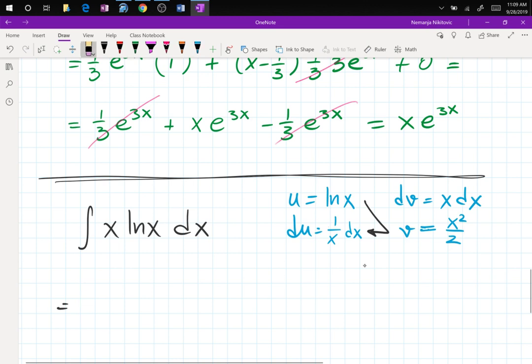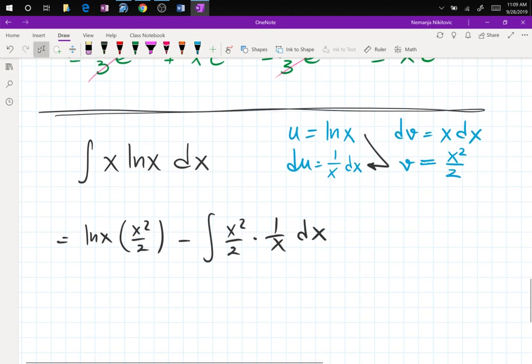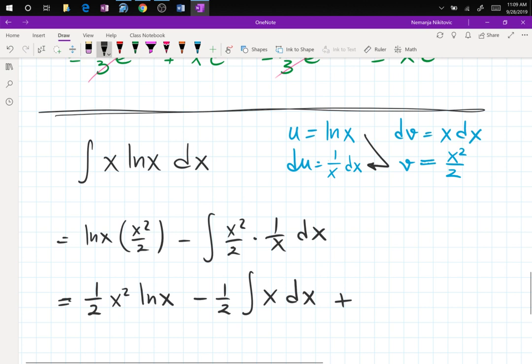First we go with ln x times x squared over 2 minus the integral of x squared over 2 times 1 over x dx, and there it is. So now you see that we're good over here. Simplify the first term, kick 1/2 outside of the integral, x and x cancels, and, oops, not plus c yet, I have to integrate.